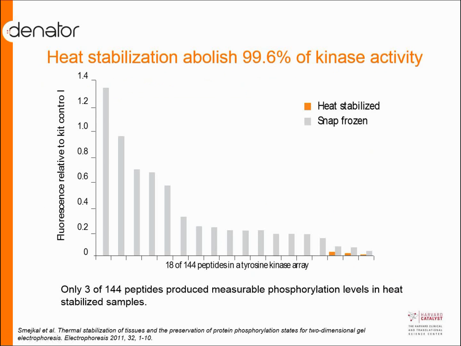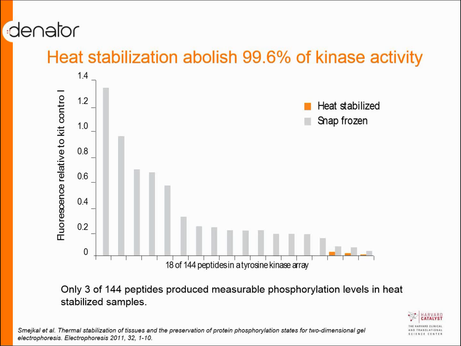If we look on the other side of the phosphorylation story, the kinase activity, we see a very similar story. Here we're using an array of peptides, and these peptides each contain a phosphotyrosine motif that can be phosphorylated by a kinase. The sample is homogenized, again, I think it's in the PBS buffer, and incubated with this array.